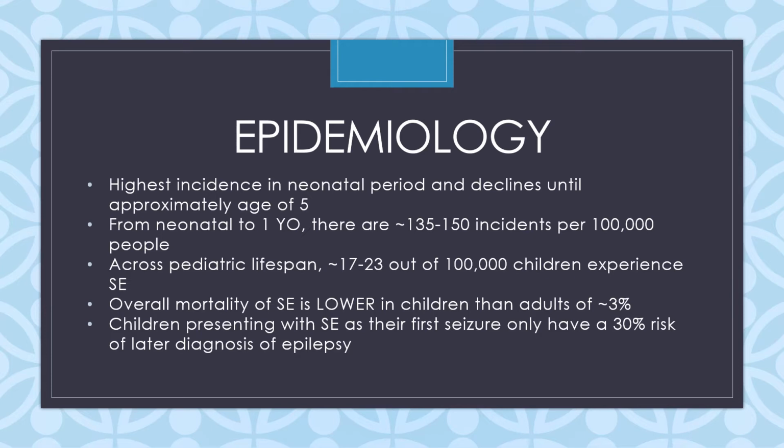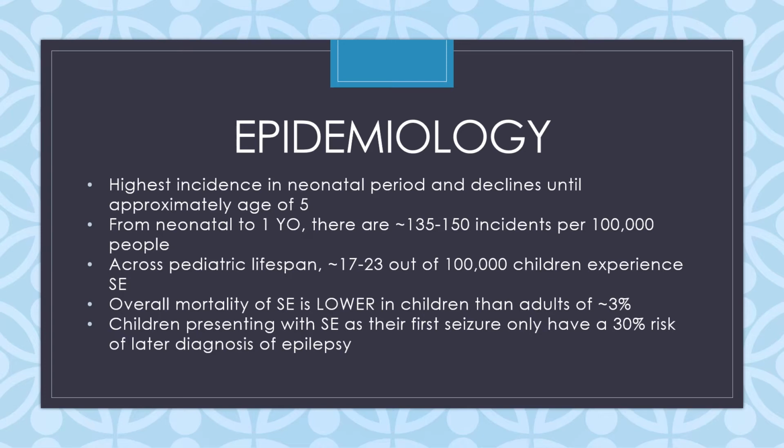From neonatal to a year-old age range, there are approximately 135 to 150 incidents per 100,000 people. Across the pediatric lifespan, about 17 to 23 out of 100,000 children experience status epilepticus.